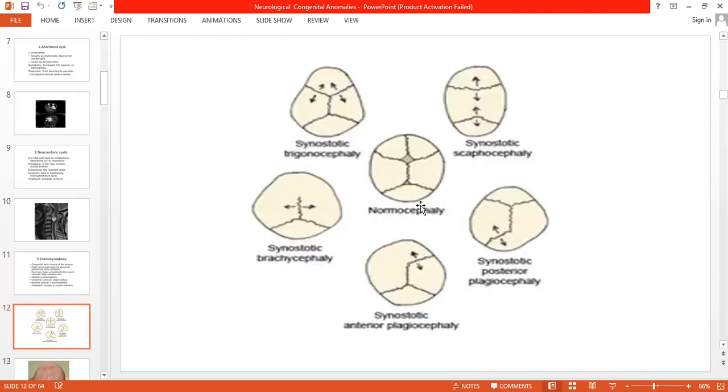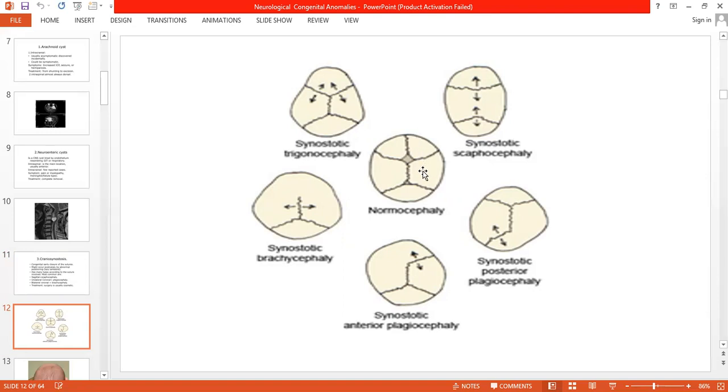The normal appearing skull has the metopic suture, the coronal suture, the sagittal suture, and the two lambdoid sutures. If both anterior coronal sutures are fused, normally growth occurs perpendicular to the suture, where bone is deposited and growth occurs in the skull.